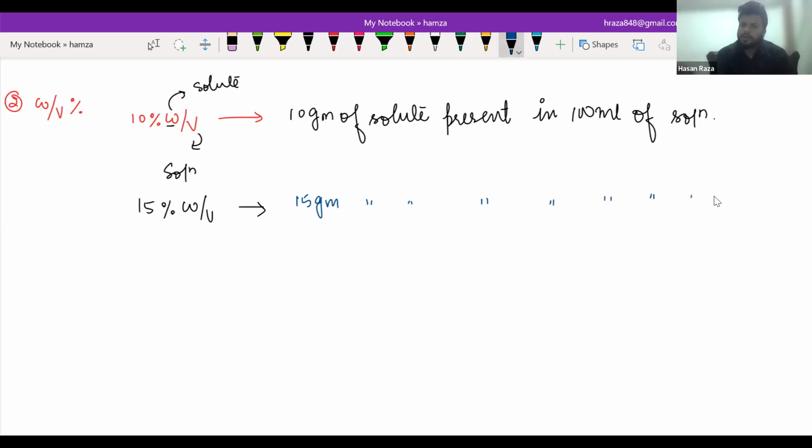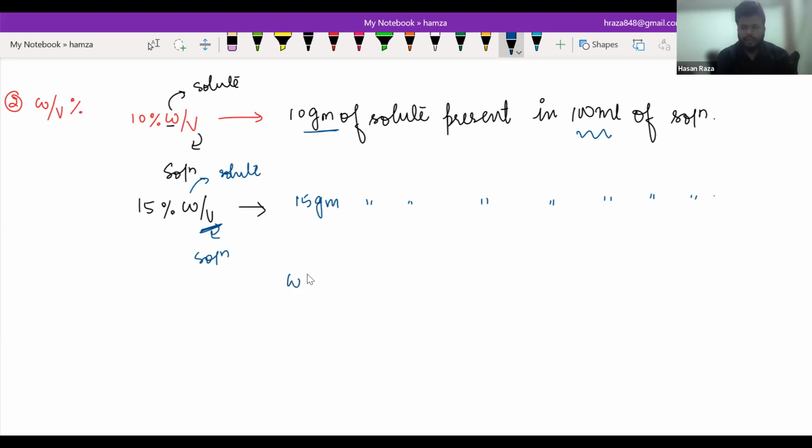You can see this is for solute, and since it is W, that's why it is gram, and this is for solution, and percent is for 100, and that 100 ml or gram, that will be defined on this base, whether it is weight or whether it is volume. If it is W instead of volume, it will be used 100 gram, but 100 is the reference number.